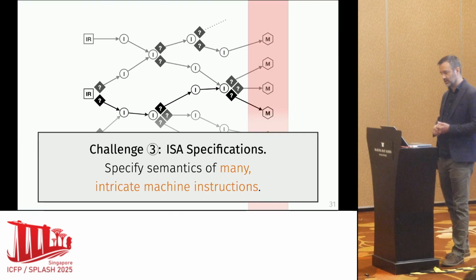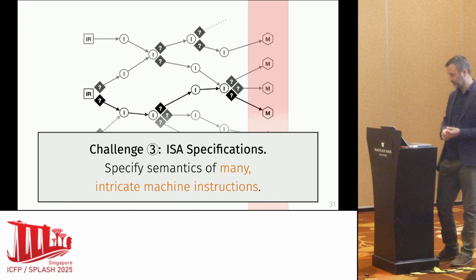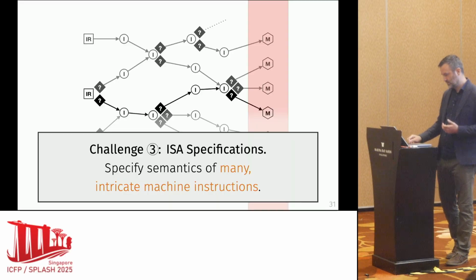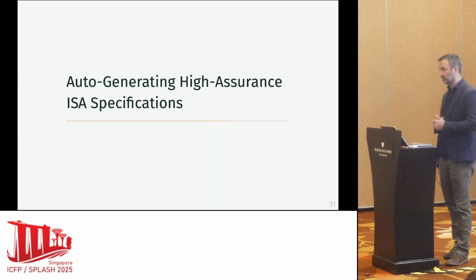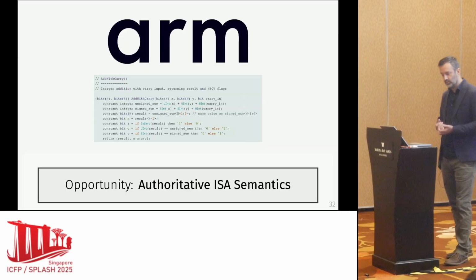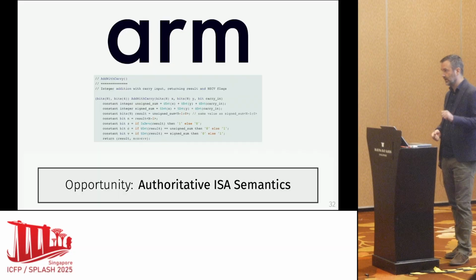We still have this challenge of specifying the behavior of all of the ISA instructions we're targeting. There are many of them, and they have intricate behaviors. And we handle it by auto-generating them. Thankfully, in recent years, processor vendors have begun to distribute machine-readable formal semantics of their ISAs.